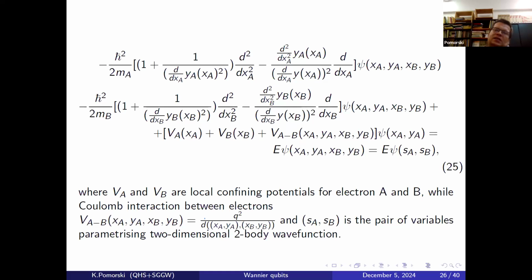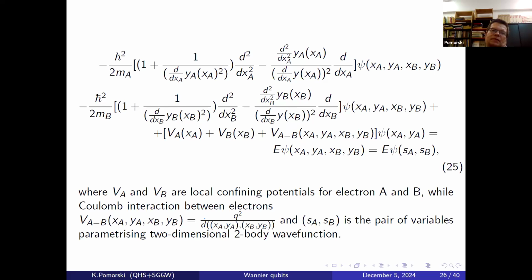Now let us consider the problem of two interacting particles using the Schrödinger equation with no spin accounted for in the system. It can be quite easily generalized to spin, but that's perhaps some other direction for the future.